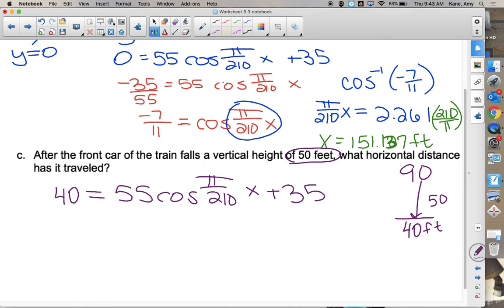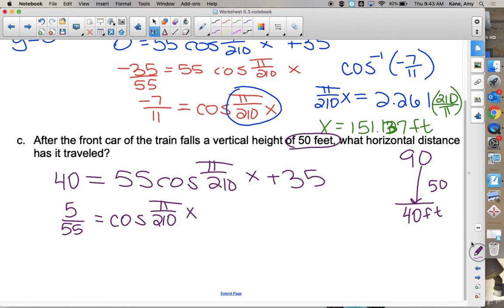And then you'd solve the equation the same way. So we take the 35 to the other side, divide by 55. So in the calculator, we're doing the inverse cosine of 1/11.